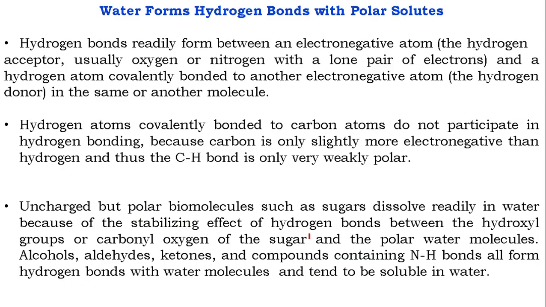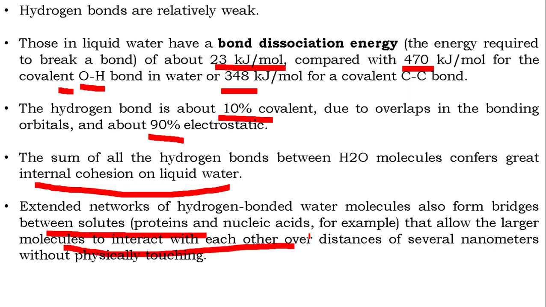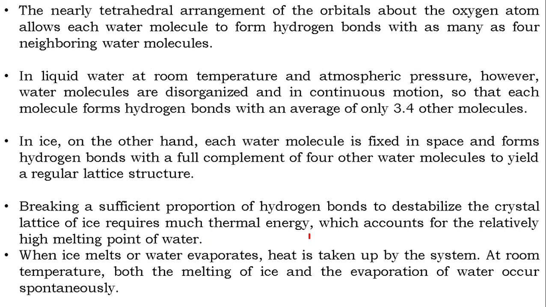Without touching each other. How are the hydrogen bonds successful in establishing long chains of water molecules? The nearly tetrahedral arrangement of the orbitals about the oxygen atom allows each water molecule to form hydrogen bonds with about 4 neighboring water molecules.